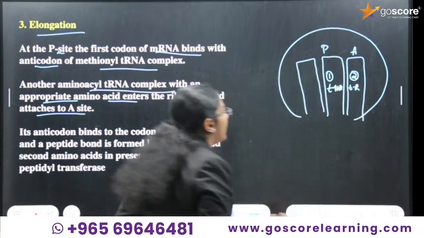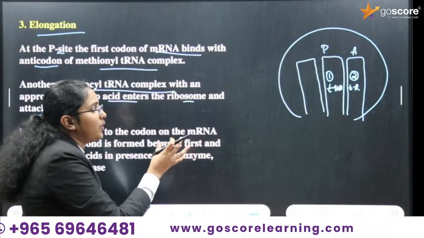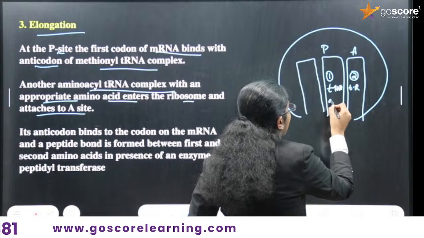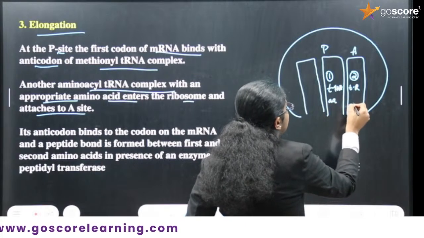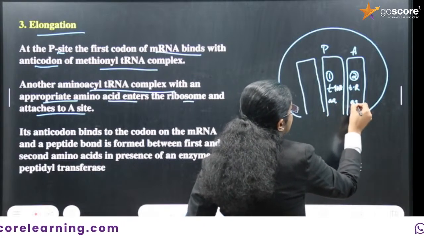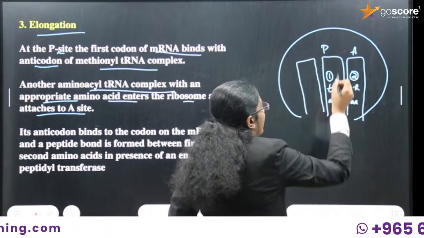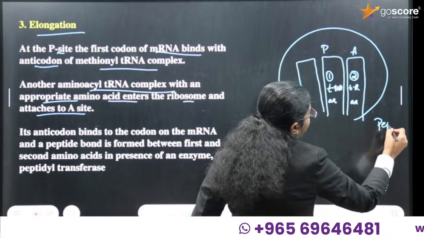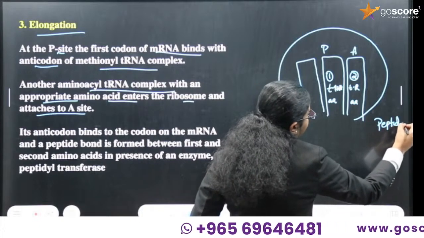After coming, two tRNA with two amino acids will be present. This is the first amino acid, and here you have the second amino acid. Both these amino acids will be connected with a bond known as a peptide bond.